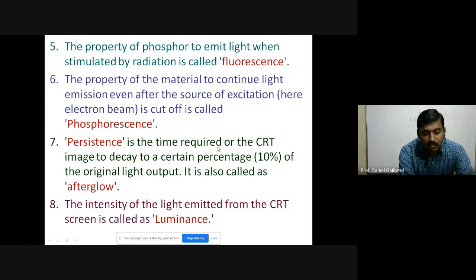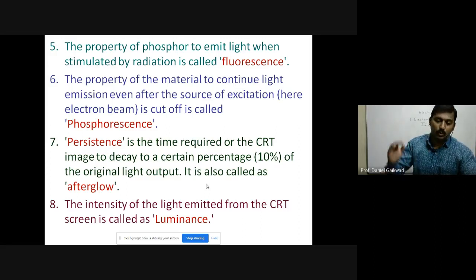Now we have number 7. Persistence is the time required for the CRT image to decay to a certain percentage, that is 10 percent of the original light output. It is also called afterglow. So persistence is the time required to decrease the amount of light to 10%.